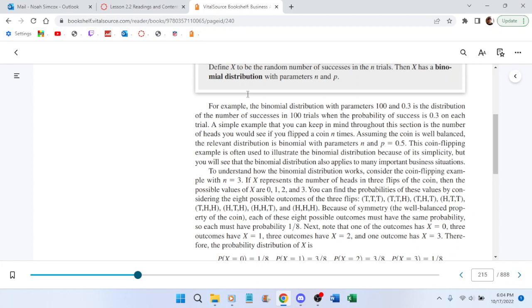How does that work? Really? Now you're just confusing my small brain, apparently. How are the possible values of X 0, 1, 2, or 3? How is that possible? That doesn't make sense.